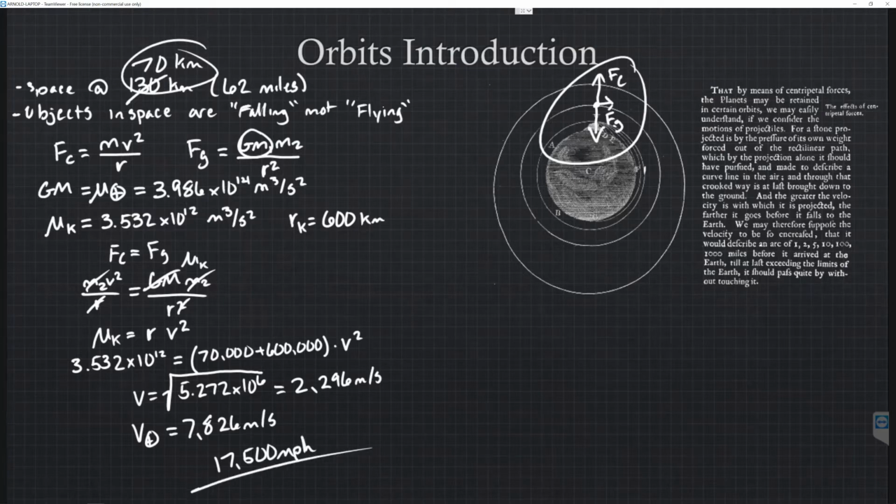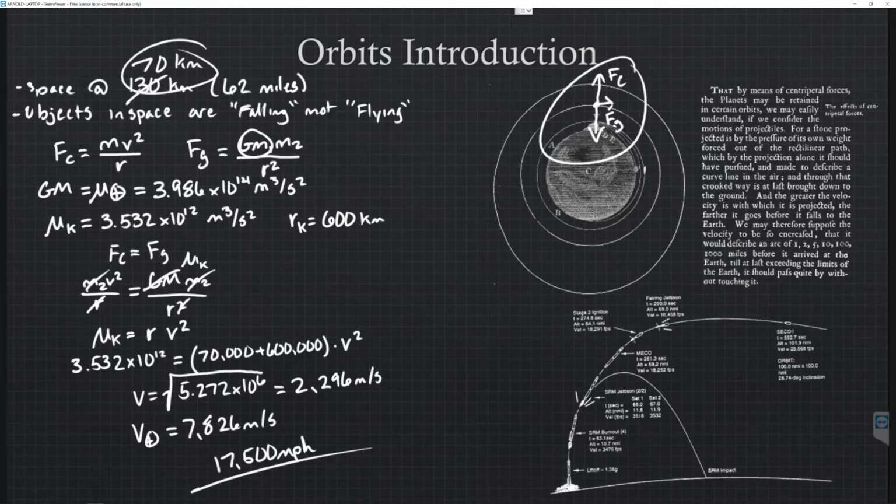That is fast. So we need to be moving at a really fast pace, and we need to design a rocket that can get us there. And we also have to worry about that little problem of atmospheric drag.